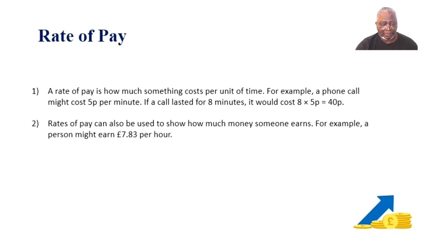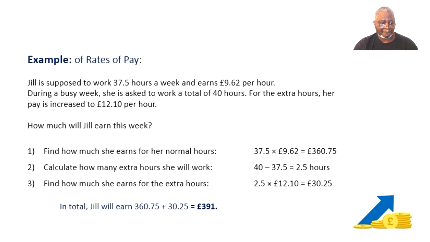Rates of pay can also be used to show how much money someone earns. For example, a person might earn £7.83 per hour. So if you know the rate, you can find out the total cost or income of a particular activity. So, an example of rates of pay.